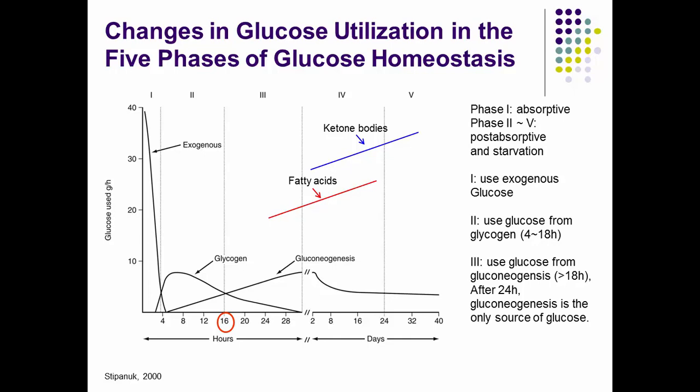You see here, I probably need to shift this fatty acids line to phase 2. Starting from phase 2, fatty acids are released from adipose tissue and serve as an alternative energy fuel.